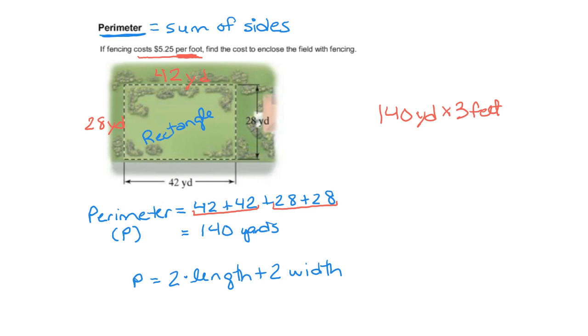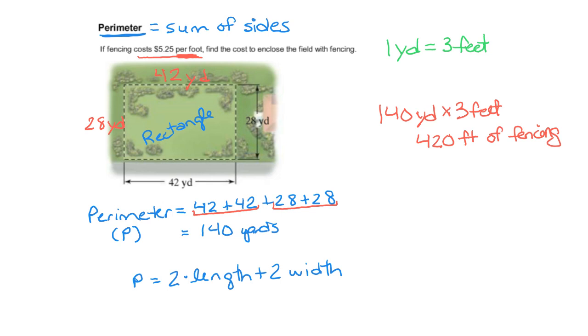This will give us a total of 420 feet of fencing. All right, so what you need to recall on this part is that 1 yard is equal to 3 feet. And that is why we multiplied by 3 feet.